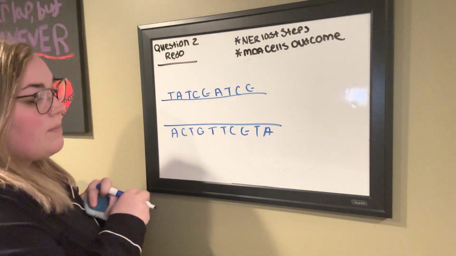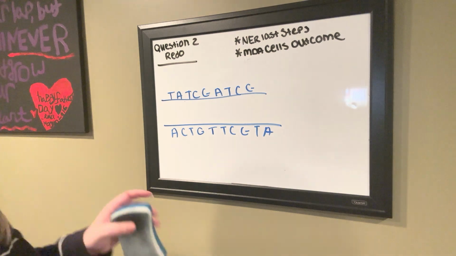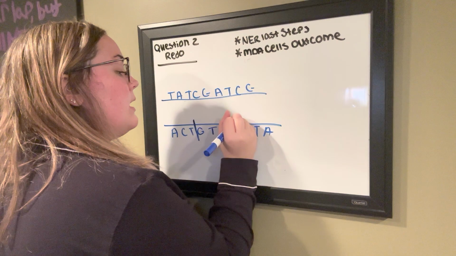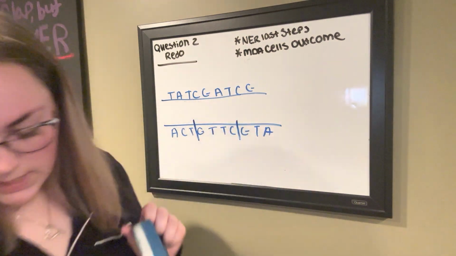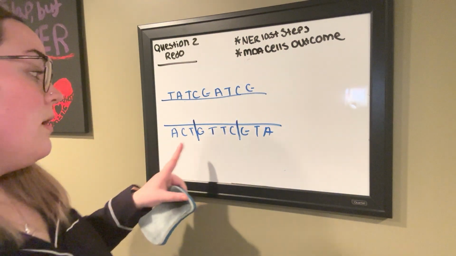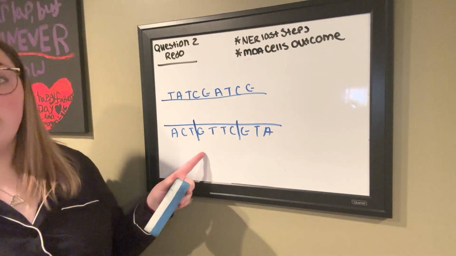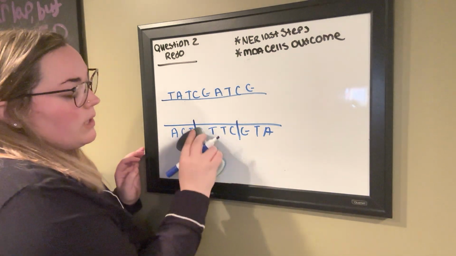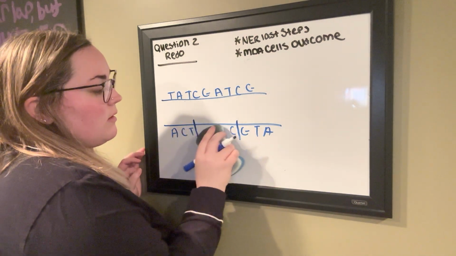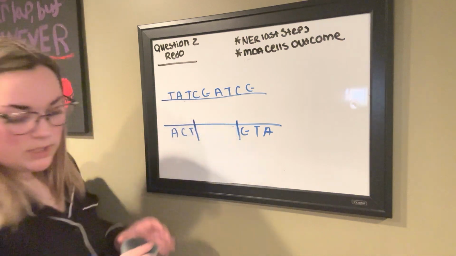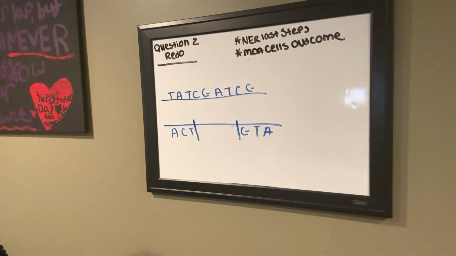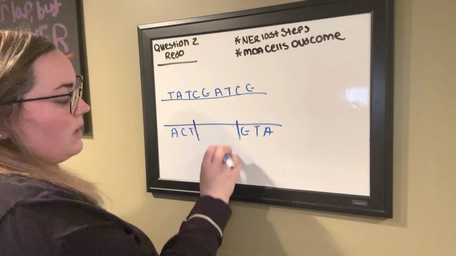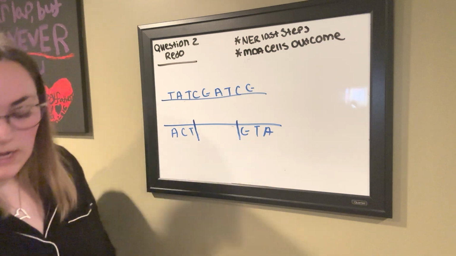What's going to happen is that the cell is going to recognize that there's damage, and it's going to make an excision. So nucleotide excision repair cuts out the bad nucleotide. They're going to cut out a little before and a little after, just like that. The nuclease is going to recognize that there's an issue here, and then helicase is going to cut it out.